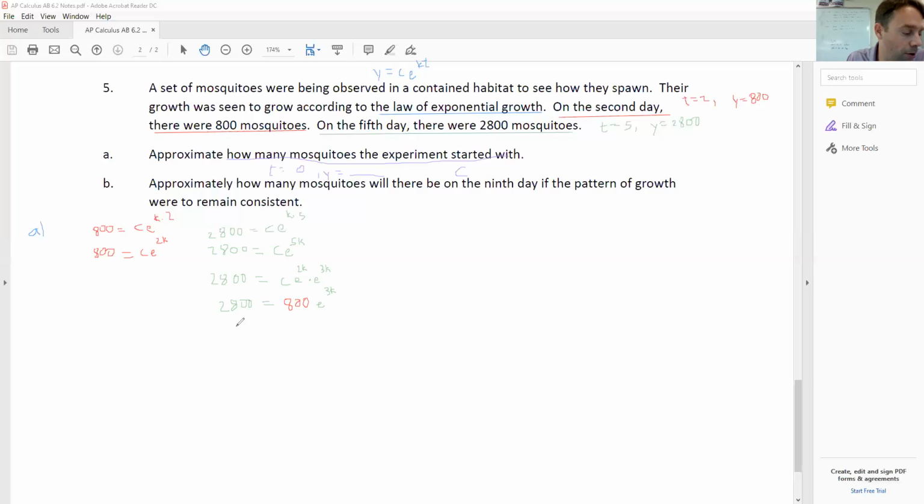So when I divide by 800 from both sides, friends, I end up with 3.5. So when I swing over there, I get natural log of 3.5 equals 3k. So 1/3 times the natural log of 3.5 is k.